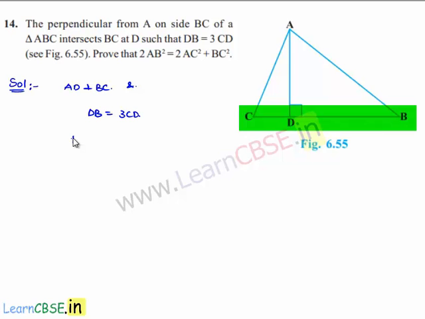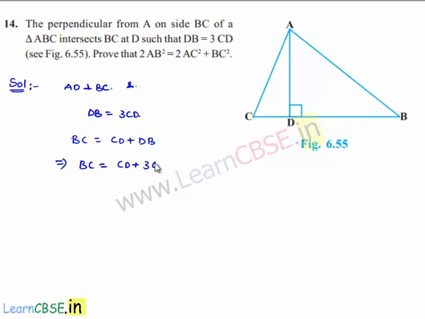We can say BC is equal to CD plus DB, which can be written as CD plus 3CD, which implies BC is equal to 4 times CD, that is CD is equal to 1/4 times BC. Let it be equation number 1.